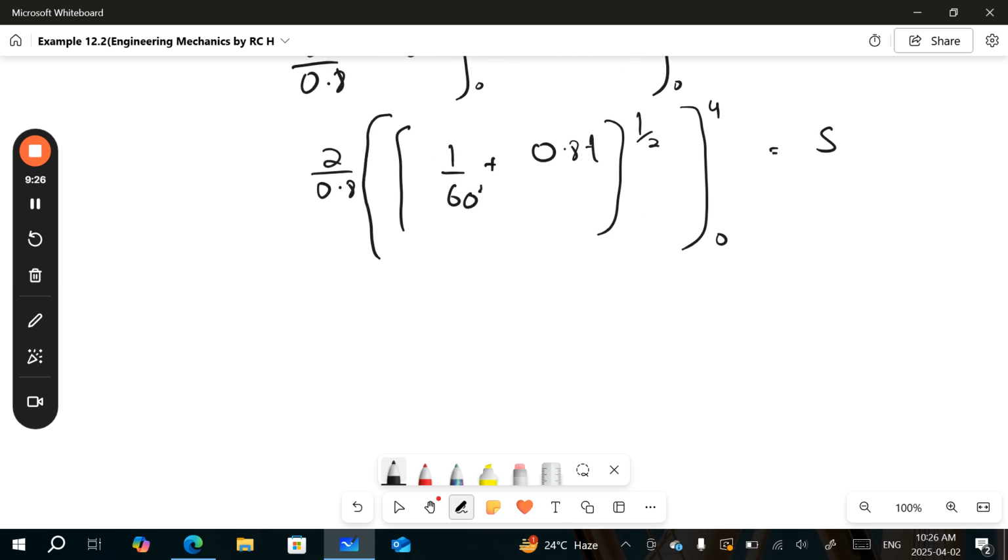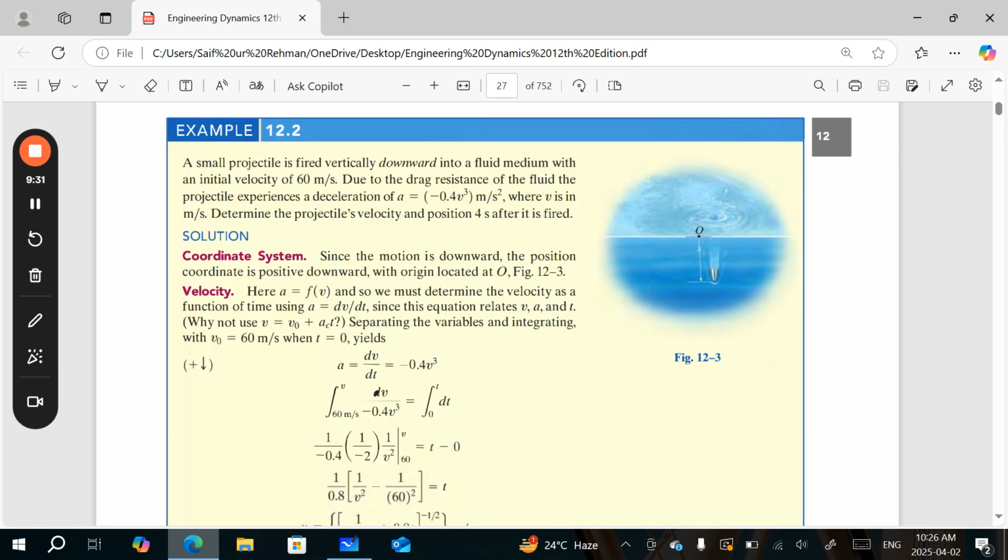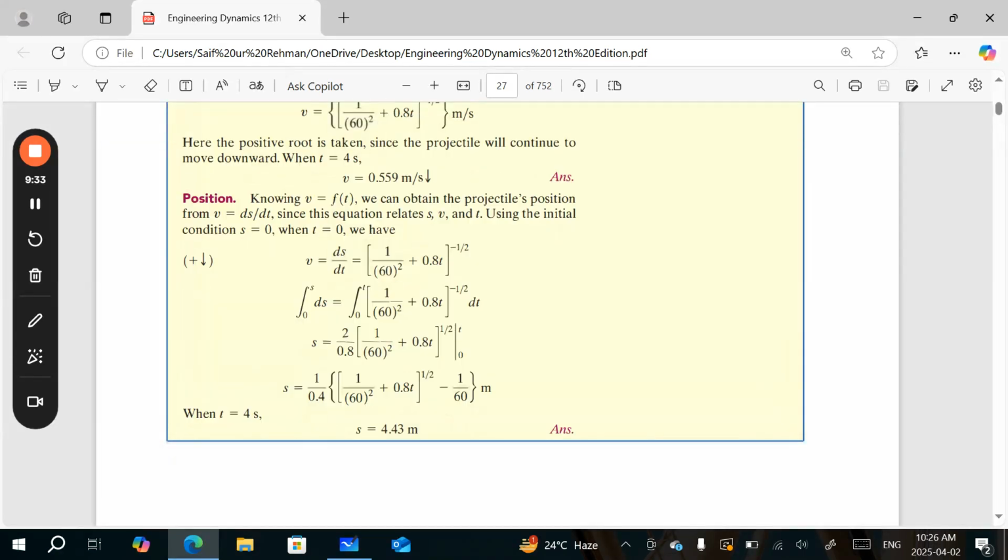Now after putting the limits, we get the answer as it is solved in the example. Like here, in the second last step, s is equal to 2 by 0.8 (1 by 60 square plus 0.8 t) over 1 by 2 from 0 to t.